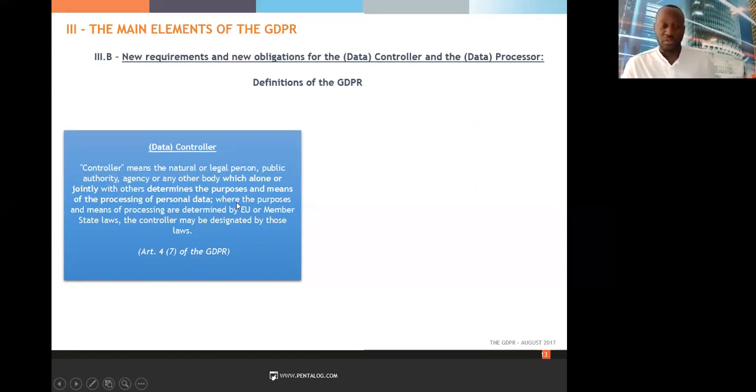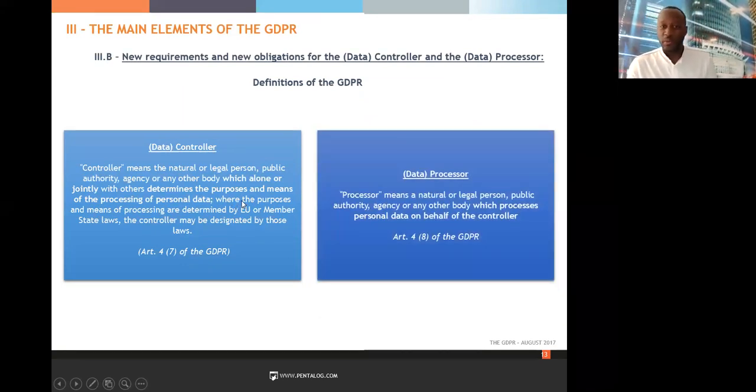Article 4.7 of the GDPR. And what is a processor? It means a natural or legal person, public authority, which processes personal data on behalf of the controller. So the processor acts on behalf of someone, which is the controller.